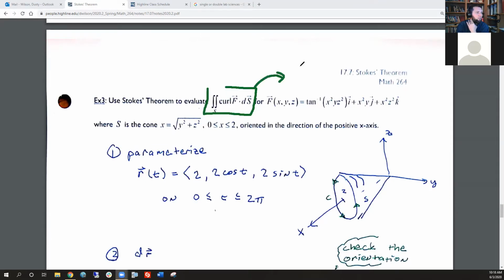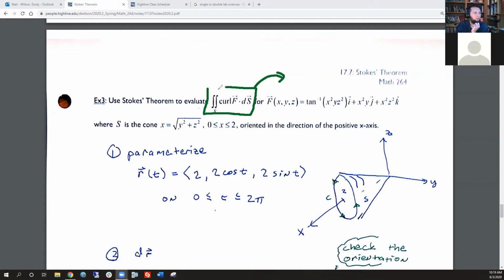So what are we going to turn this one into? Not everybody at once.